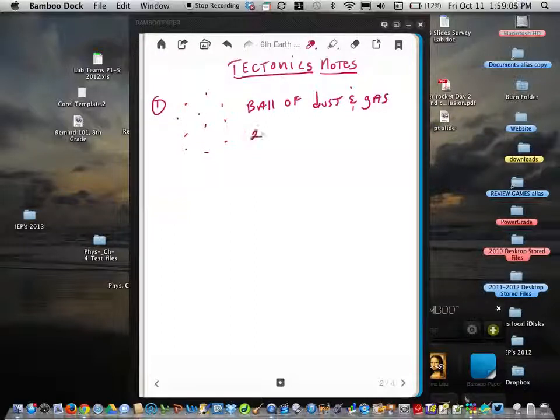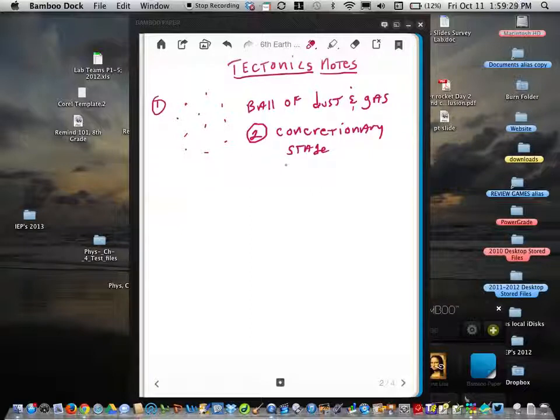In the second stage of this, it's often called the concretionary stage. Concretion. You should be writing this down. Concretionary stage.